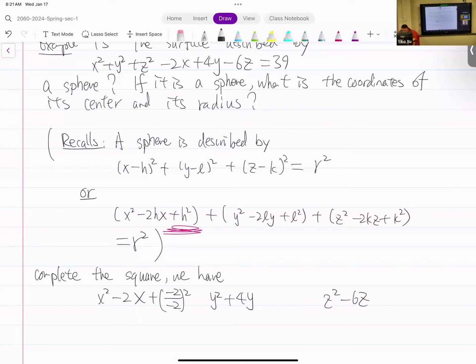So that will give us the h. Plus, now, for the y portion, 4y, that's the linear expression, that 4 we divide by negative 2. So that will give us l. And finally, now we have negative 6z, right? So just matching. So we want to get k. So we expect that this is negative 6 over negative 2. We do the division, that will get us the k. Right.